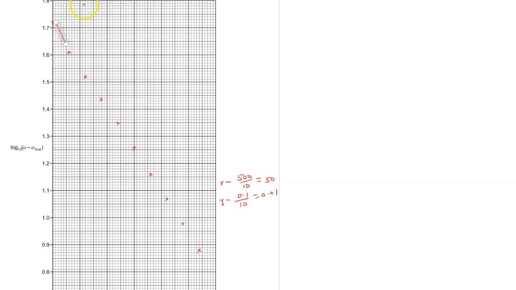What's wrong with this? Something like that, I suppose. But this is not a good line of best fit. Don't like that. Let's try and see whether I can get a better one.